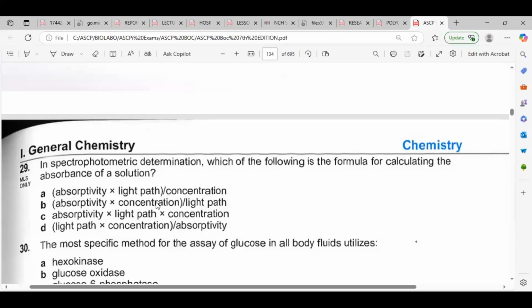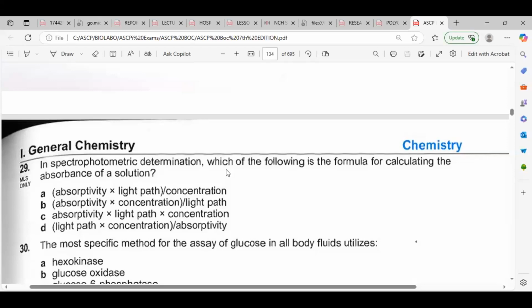How do you calculate absorbance in a spectrophotometer? C? Yes, it is C. You remember everything is times.